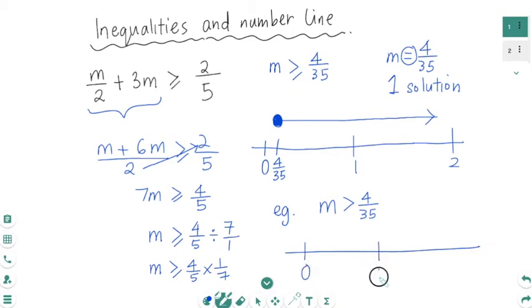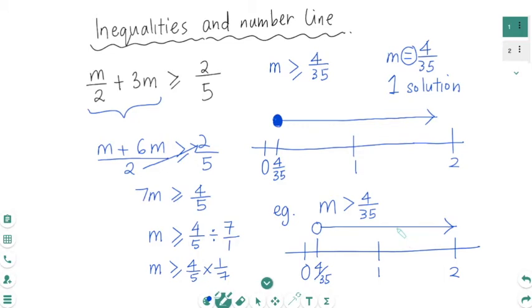The number line would look the same, except that instead of coloring the dot, we're going to put a circle here. The answer does not include 4 over 35, it will be more than 4 over 35. As you can see, when we solve inequalities, our answer is a range of values rather than just one solution.